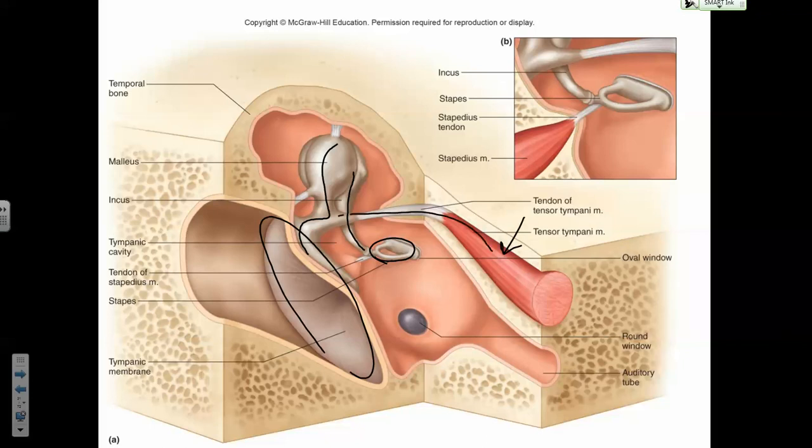And then it's very difficult on this first picture to see the stapedius, but that's it right there. See how it's connected to the stapes? Here's a magnified view of it connected to the stapes. Okay. But those contract when this eardrum moves a whole lot, and that would be when you're experiencing loud sounds. Okay. And that could over time cause hearing loss.